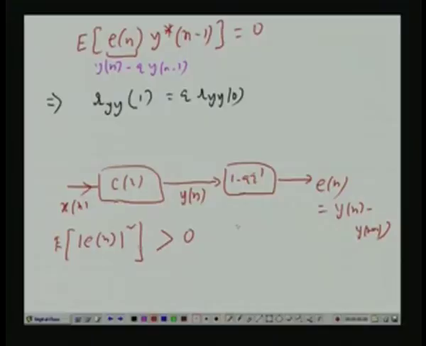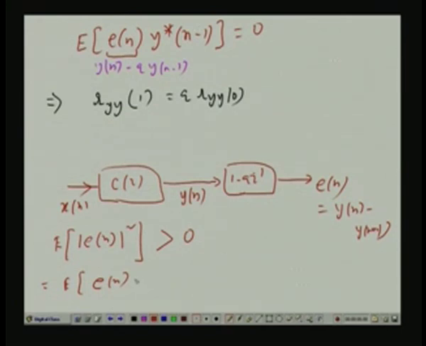That is then a deterministic process, but we are considering purely non-deterministic processes. So, e[n] cannot be a zero random variable, which means the variance of e[n] has to be strictly greater than 0. But this means E of what?